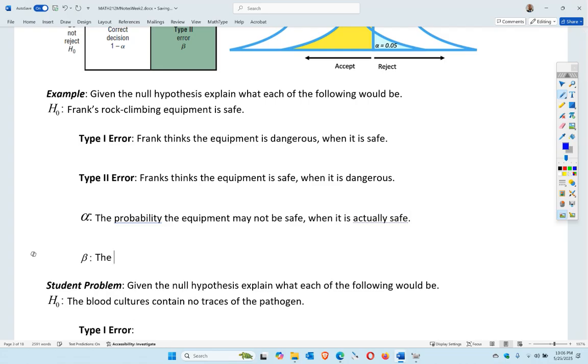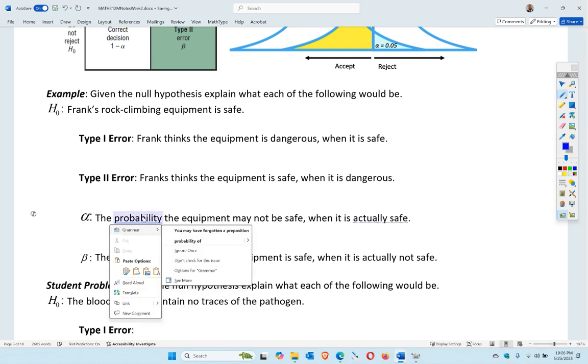And the probability Frank thinks his equipment is safe when it is actually not safe. Okay, so again, keyword there's probability every time.